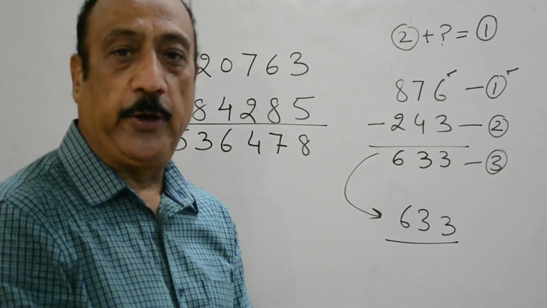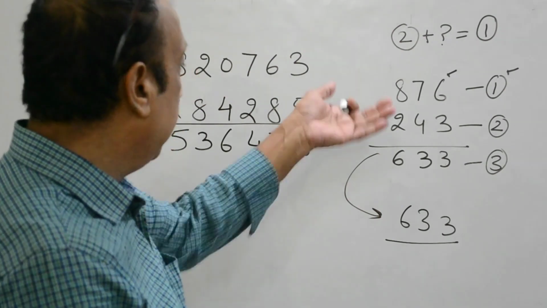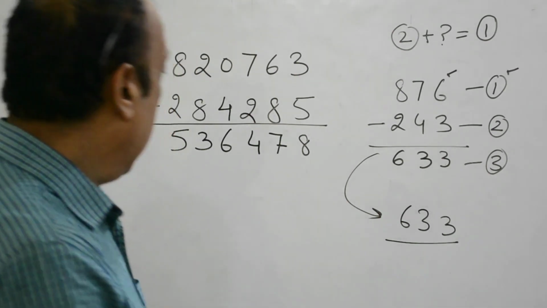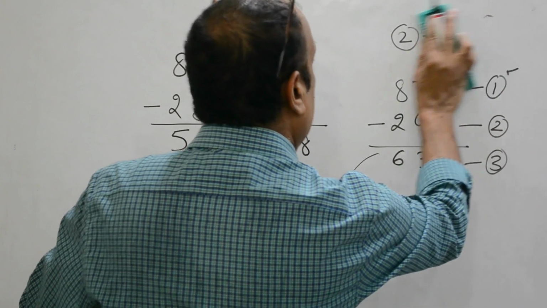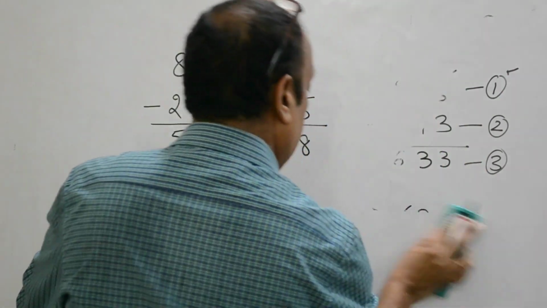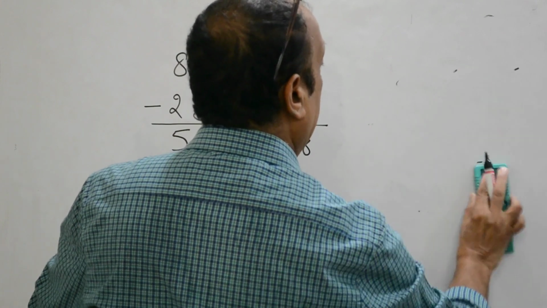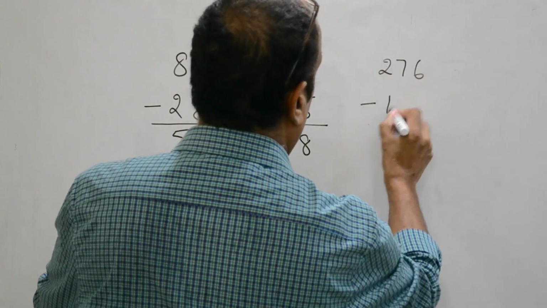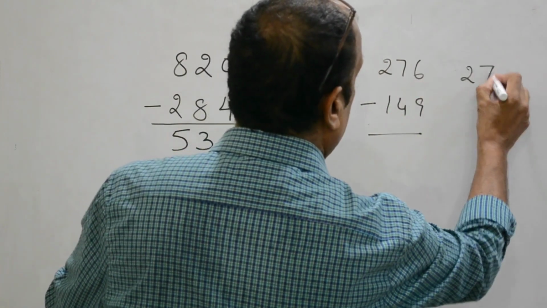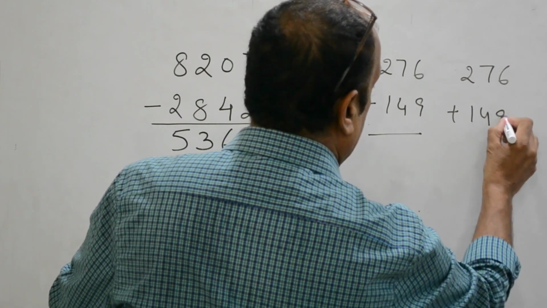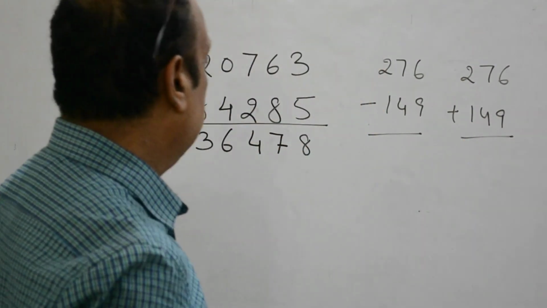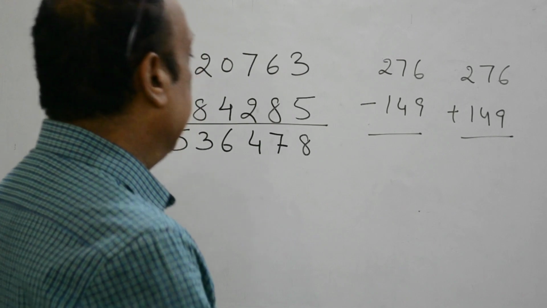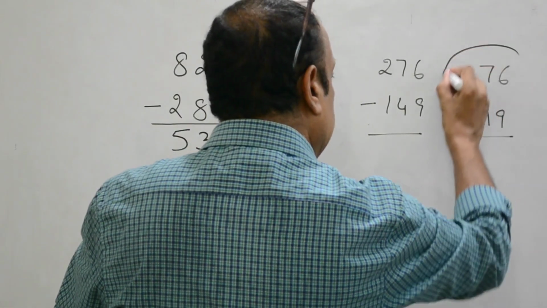Now, why should we use the addition method to find out the subtraction? The reason is very simple. Addition is always easier than doing subtraction. For example, if we are given two problems, 276 minus 149 and 276 plus 149, and we can do either of these two, then most students will prefer to solve the addition problem.